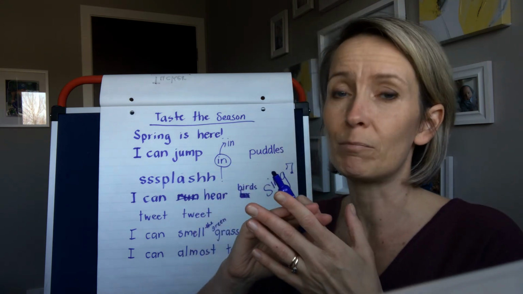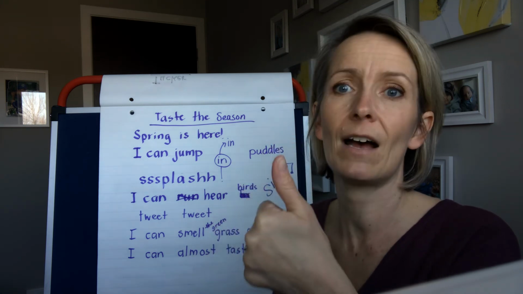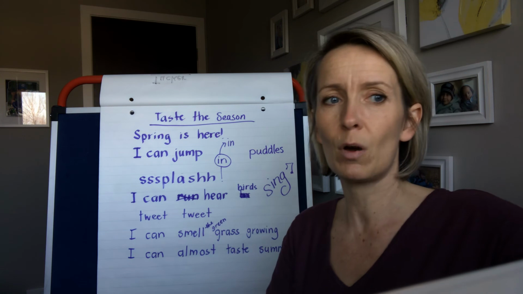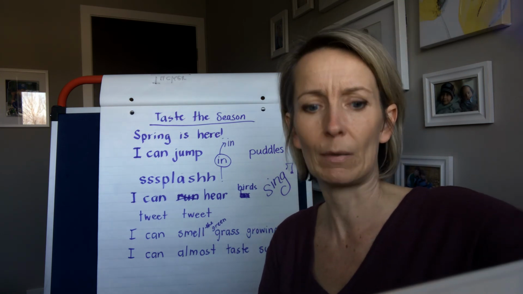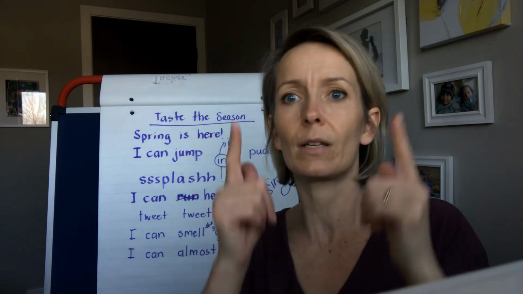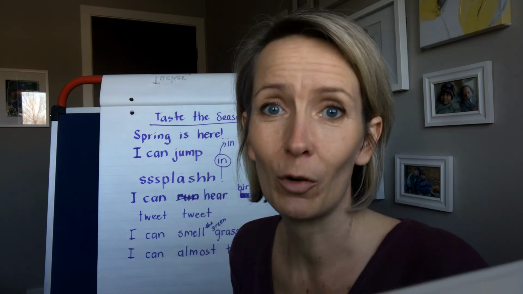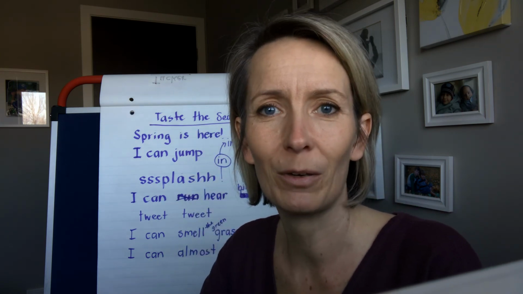Some poems have bold words, so you read them different. Poems all have a feeling, and the most important, put my marker down because this is the most important and I need 2 hands. The most important thing about poems is they come from your heart. So show me what you're thinking about today when you write your poem.